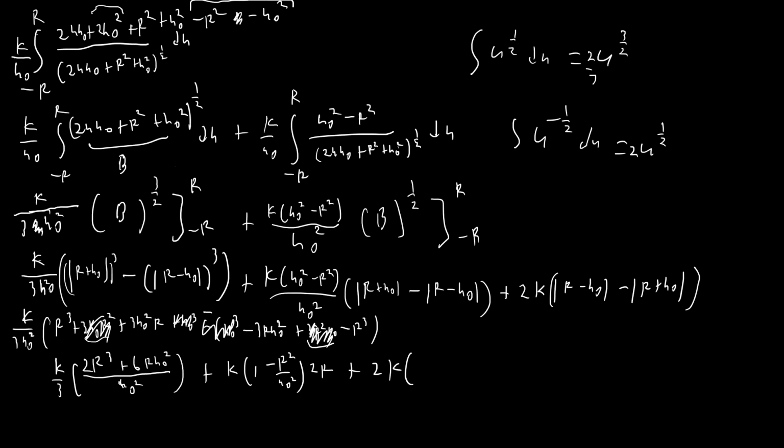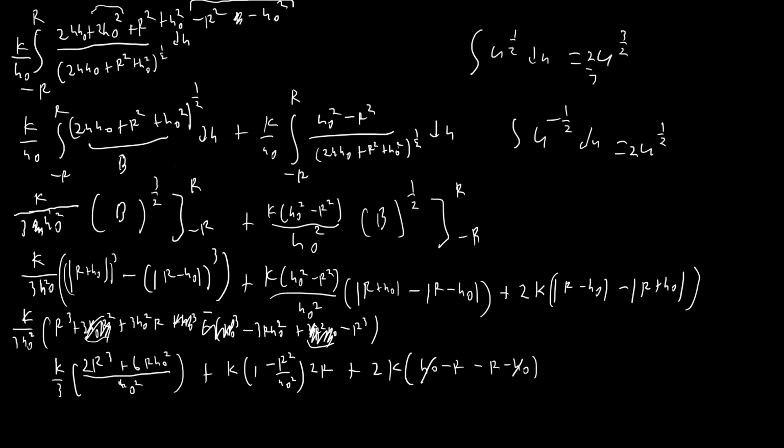and then we're going to be minus r minus h0. So this is going to cancel, and we'll just end up with negative 2k, negative 4kr, I guess.